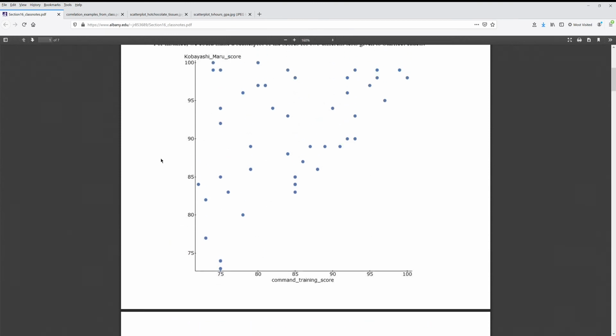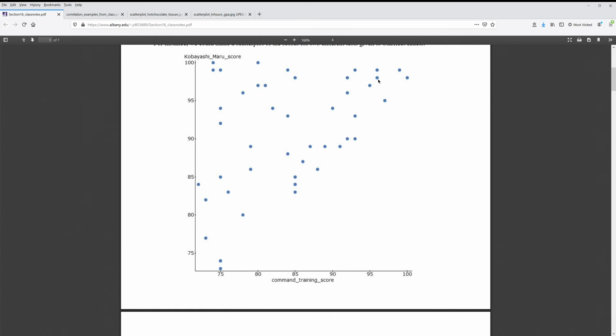This is what we call positive association. Positive association means that there's a tendency for individuals that are high in the one variable to be high in the other variable. High numbers go with high numbers, low numbers go with low numbers. They're going in the same direction.